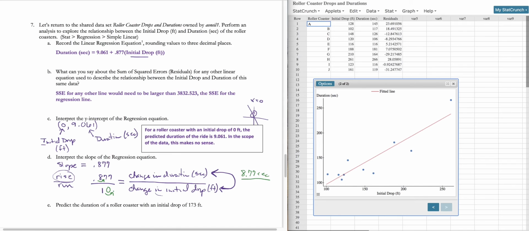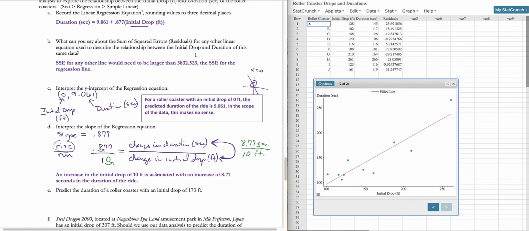And to move my decimal point one place on the bottom, I need to add that 0, which gives me a change in 10 feet of initial drop. And that is much more realistic movement around this graph. I think if you had also decided to move your decimal point 2 places to talk about a change in duration of 87 seconds and a change in initial drop of 100 feet, that would work as well, but I'm just going to go with this, moving it 1 decimal place.